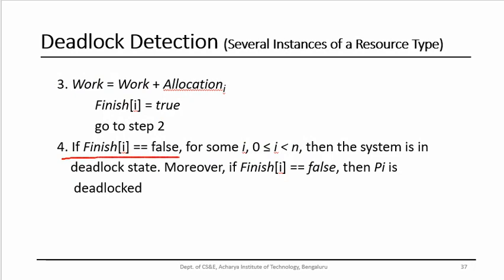Okay, we go to step 4. Here we check if Finish[i] is equal to false for some i that varies from 0 to n. If that is true, then the system is in deadlock.